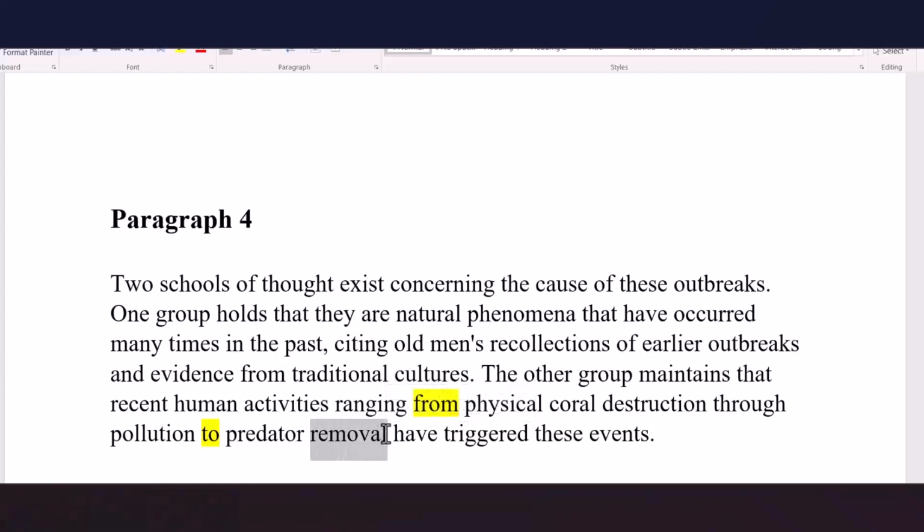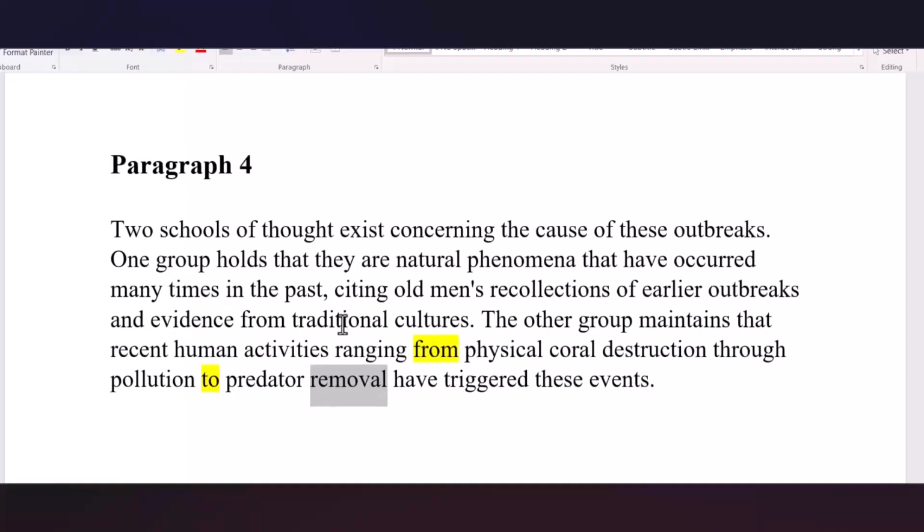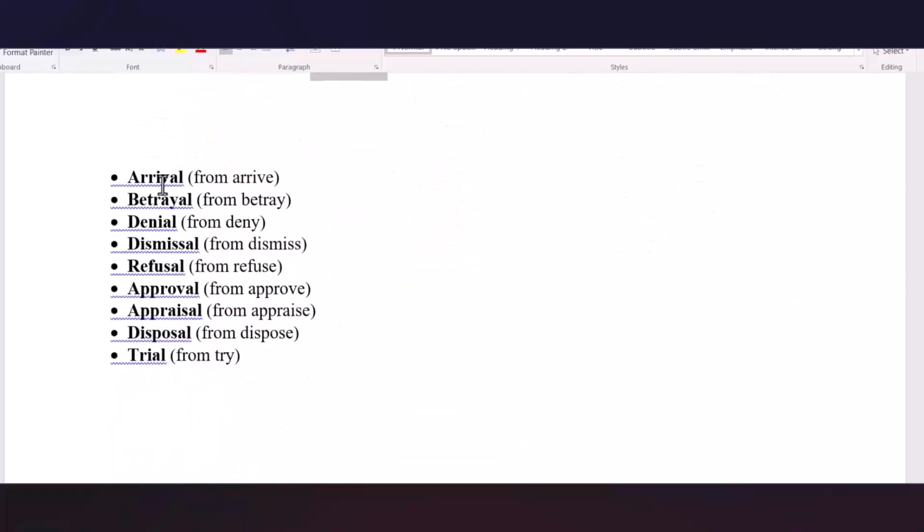This is a way to make nouns from verbs, and we have a list of such nouns here. Arrival from arrive, betrayal from betray, denial from deny, dismissal from dismiss, refusal from refuse, approval from approve, disposal from dispose, trial from try.